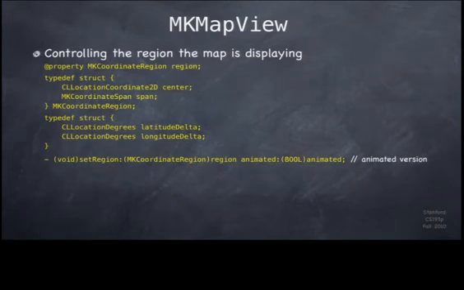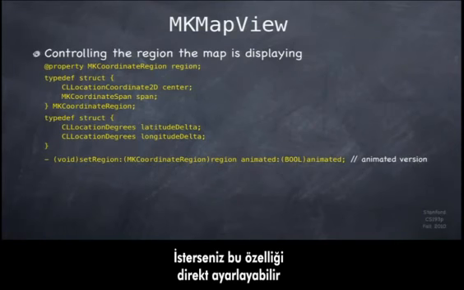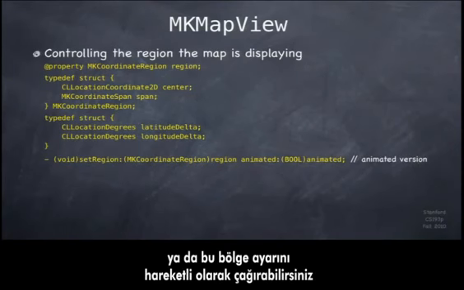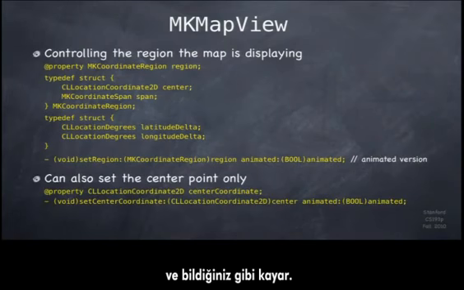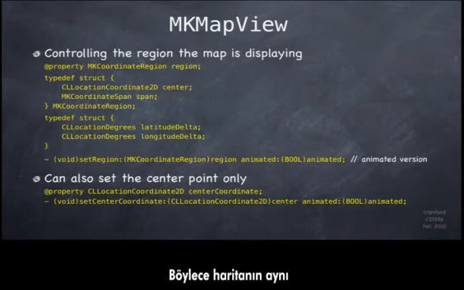You can either just set the property directly, or you can call setRegion animated, and it'll animate to make that region appear on the map. You can also just specify the center point, and it'll keep the same zoom level and just move to make that the center. So it's basically a scrolling mechanism.